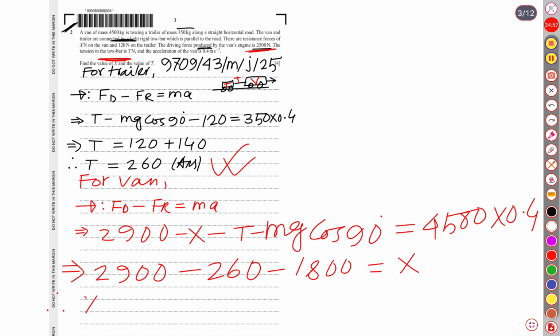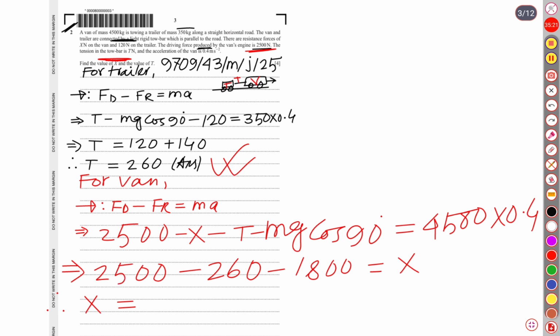Hence our X is going to be from 2900, or 2500, I think it is 2500, not 2900. Driving force is actually 2500, not 2900. I made a mistake. It is 2500.